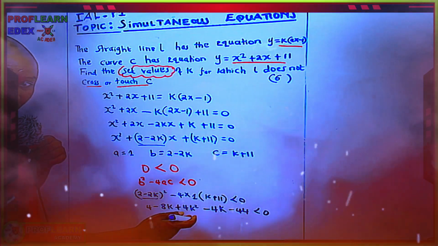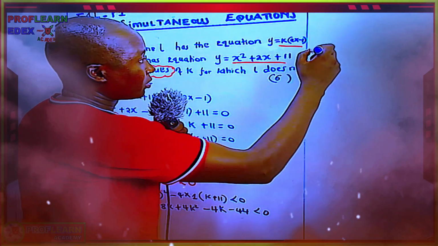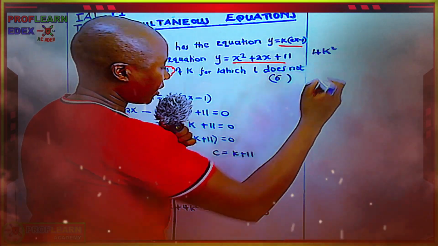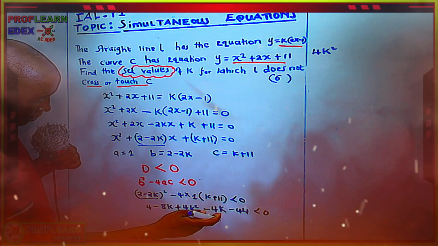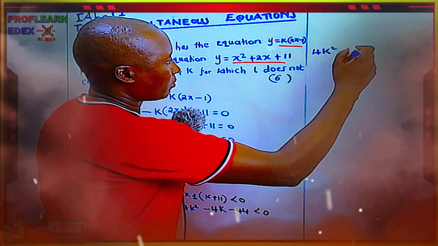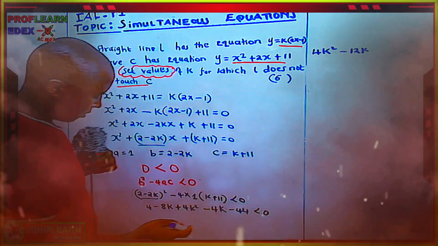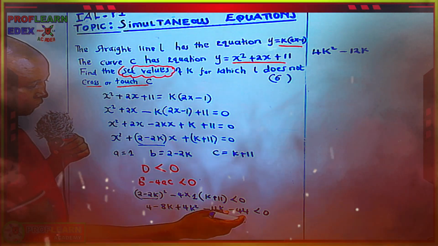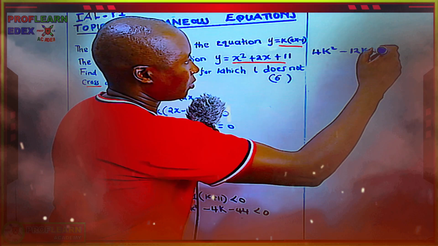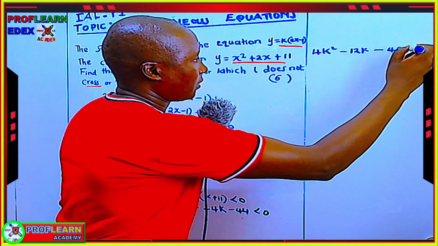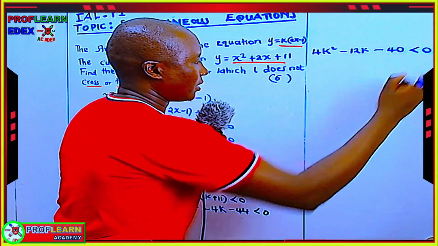So this is going to be 4k squared, minus 8k minus 4k which translates to minus 12k, and positive 4 and negative 44 translates to negative 40, less than 0.